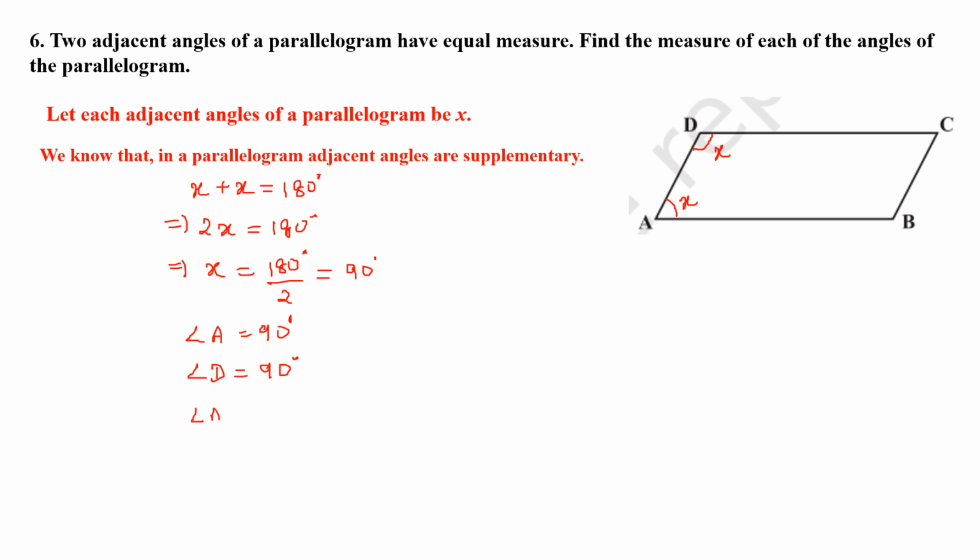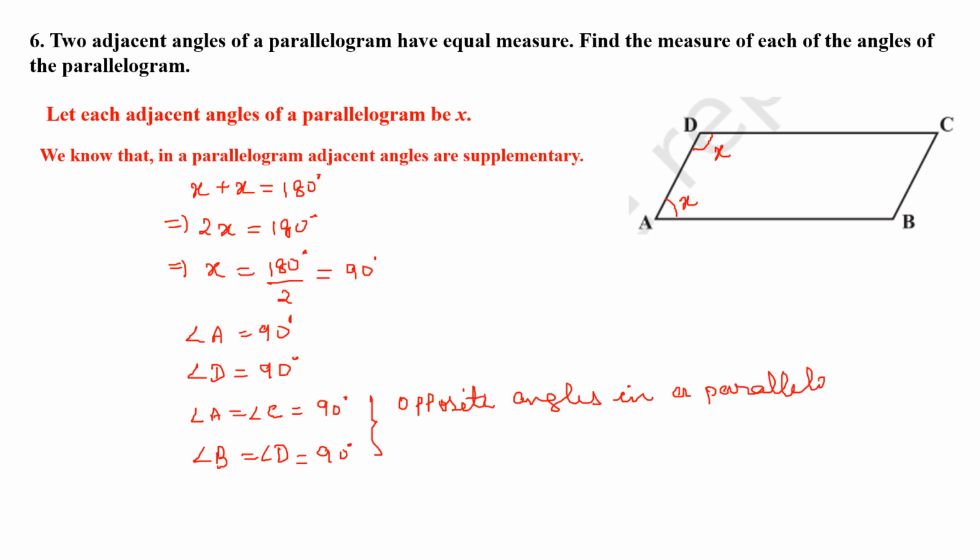Okay, so angle A is equal to angle C equal to 90 degree and angle B is equal to angle D is also 90 degree. The reason is for both, opposite angles in a parallelogram are equal.